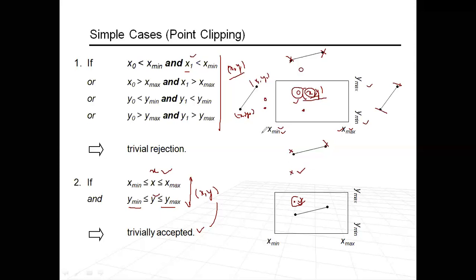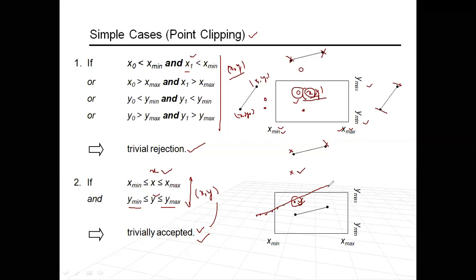So simply this is all about the point clipping algorithm, and we can check with these inequalities whether trivial rejection or trivial acceptance can take place. With the help of the point clipping algorithm we can also clip a line. A line is a combination of points.